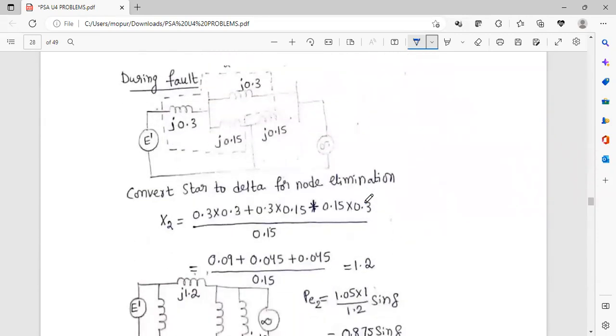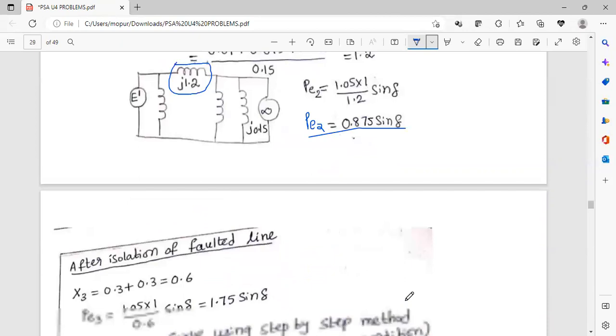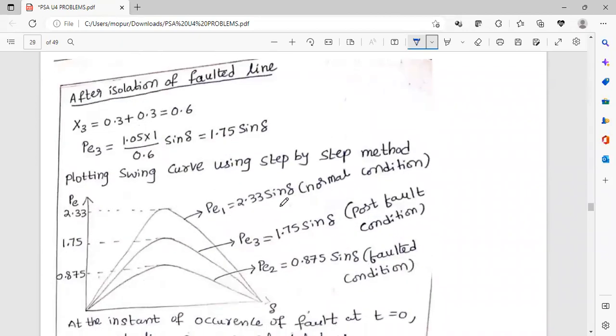Similarly, during fault condition, like the similar problem, you do the star delta transformation, take this as the X value and you get PE2. That is the power angle equation for during fault condition. Similarly, you find the power angle equation for after fault condition.